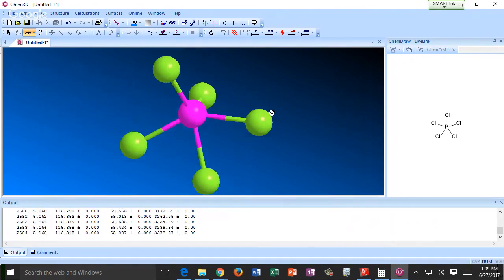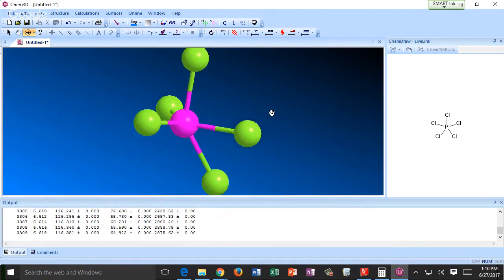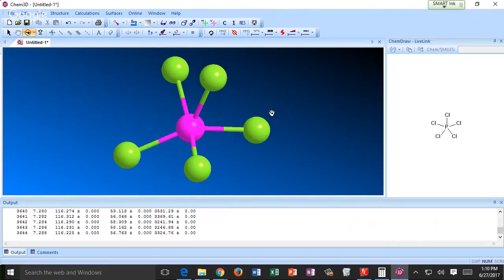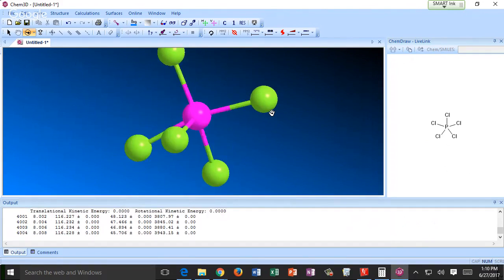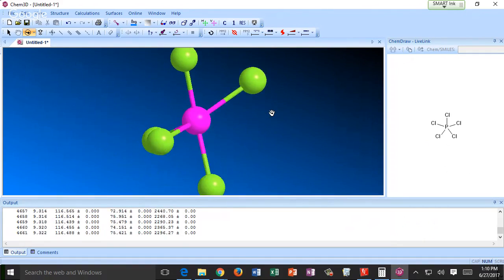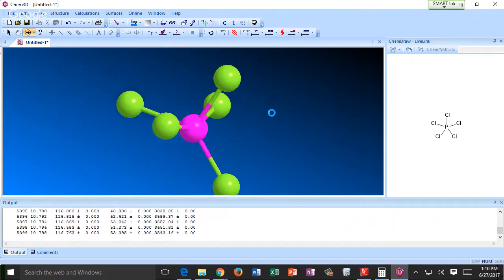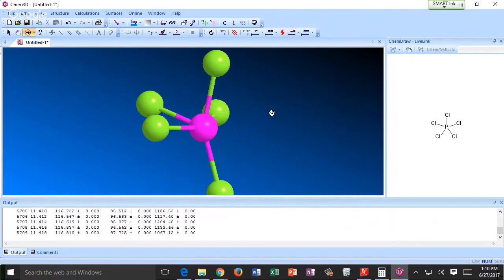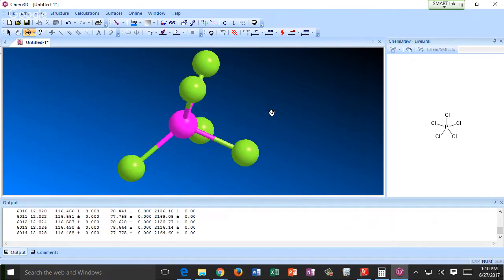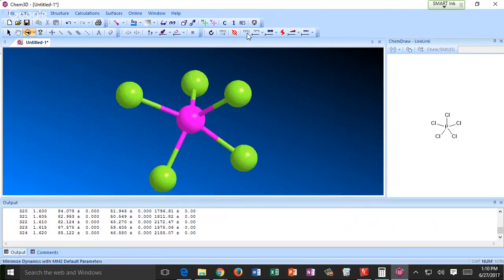So what it's doing is it's computing the energy of all these different configurations and trying to find one that's below the tolerance that I set. But I might have set it so low that it actually can't find it. And it's just going to keep going. We'll see. It's kind of fun though. Okay, let's stop that. Let's try that again.